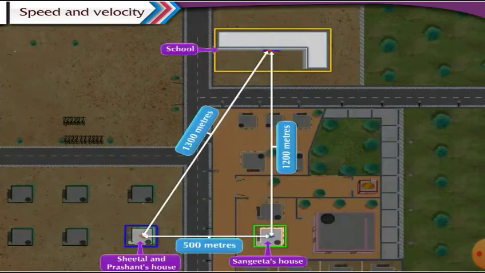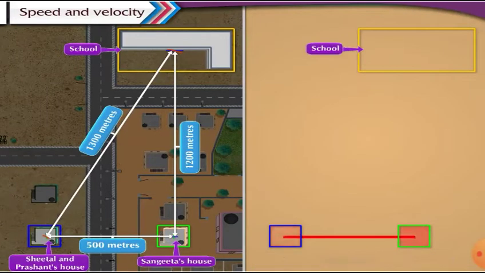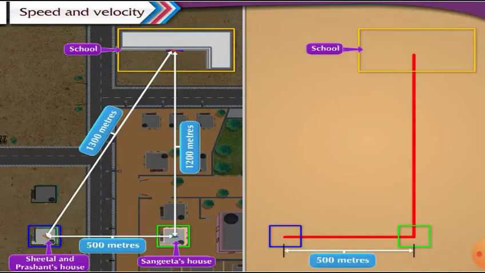Let us calculate speed and velocity with the help of the information obtained from one of the examples of displacement and distance studied earlier. In this example, the straight line distance between the houses of Sheetal and Sangeeta is 500 meters. The straight line distance between Sangeeta's house and school is 1200 meters.